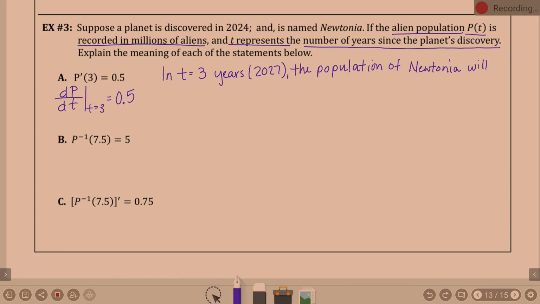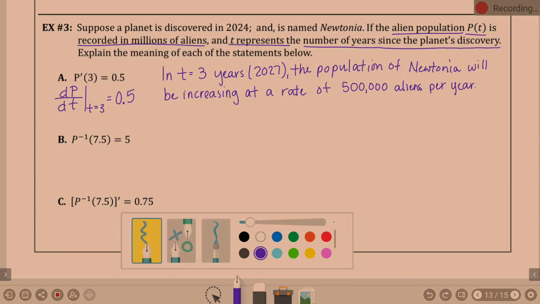It's going to be increasing at that rate, because we're positive. At a rate of 500,000 aliens per year.